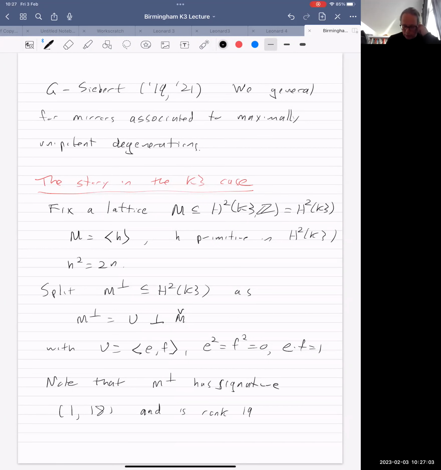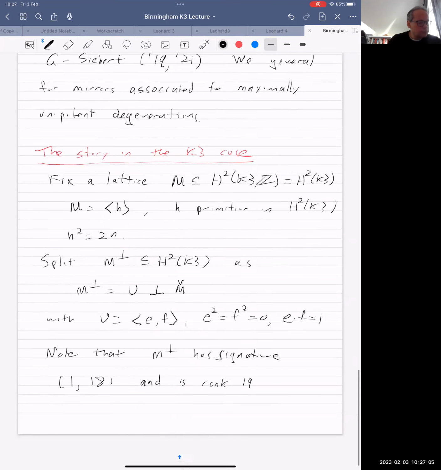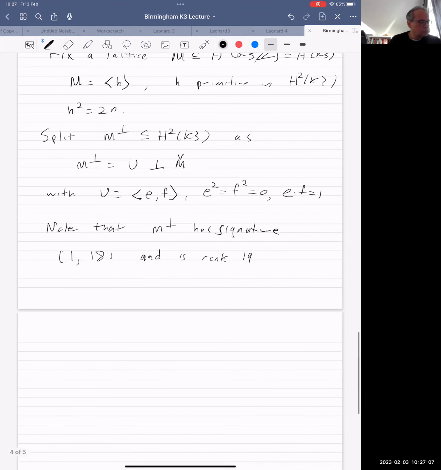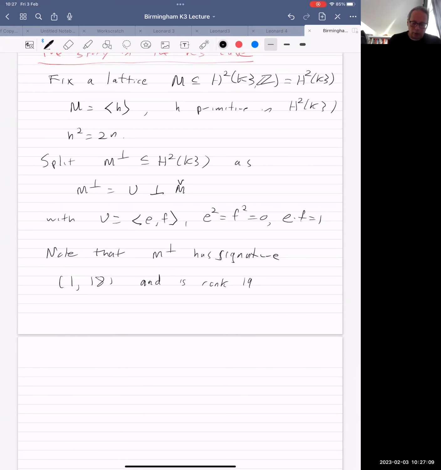It can be the Picard lattice of a K3 surface. Sorry, and this is incorrect. I want to write M check, not M perp here.